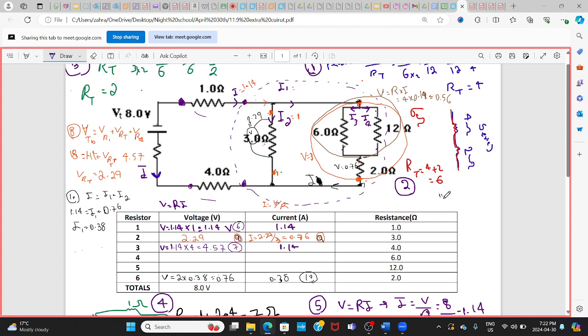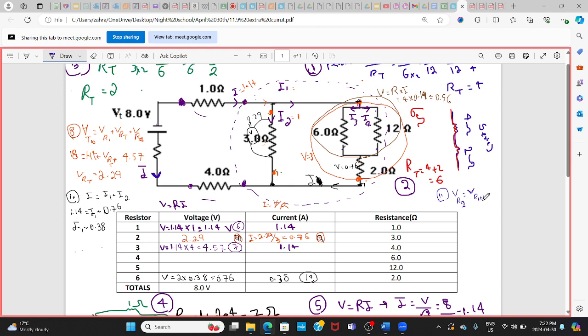So step 11: V across R3, maybe I just go with these numbers here. Across the 3 ohm, R2, the V across R2 is the same as the V across the 2 ohm, R6 plus the rest.